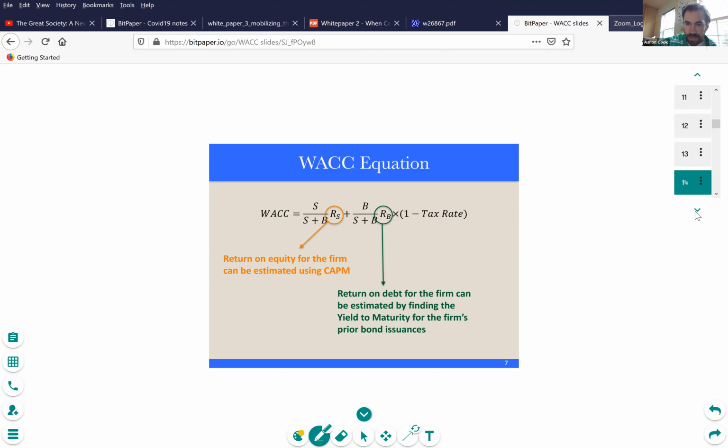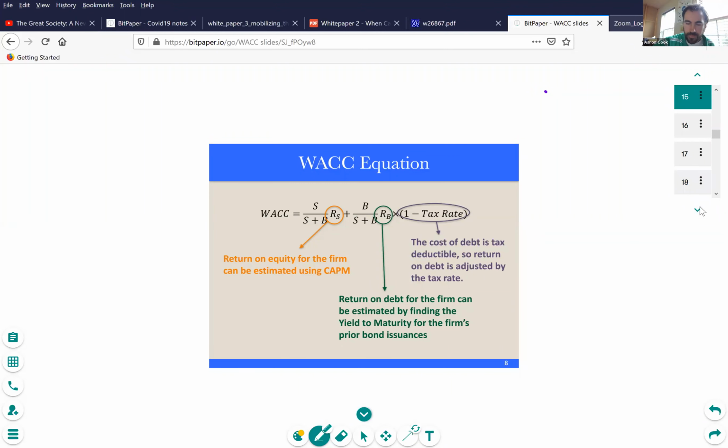And then we have this tax rate term, which adjusts the cost of debt. If we remember that interest payments are tax deductible: we have revenues, we subtract off costs, we subtract off depreciation.